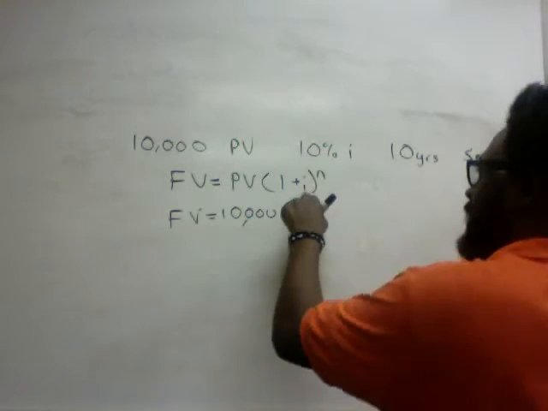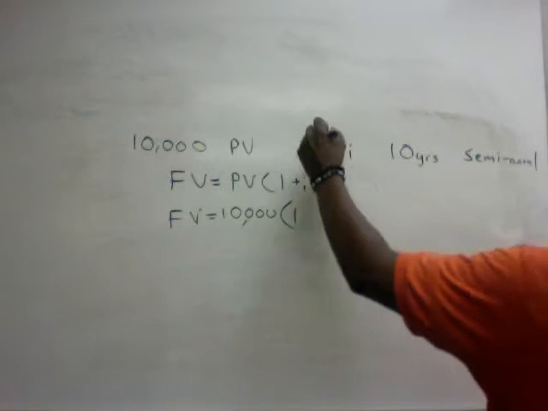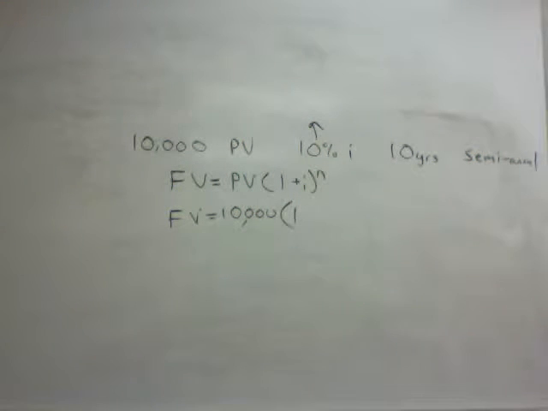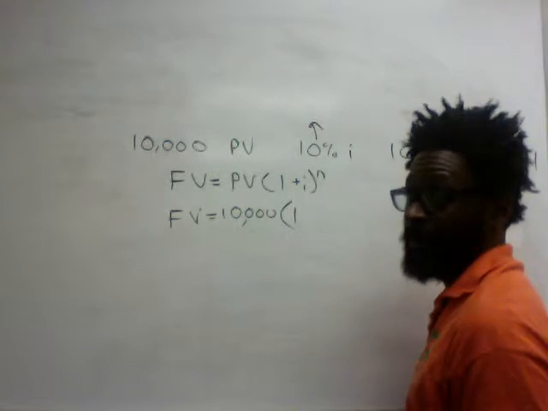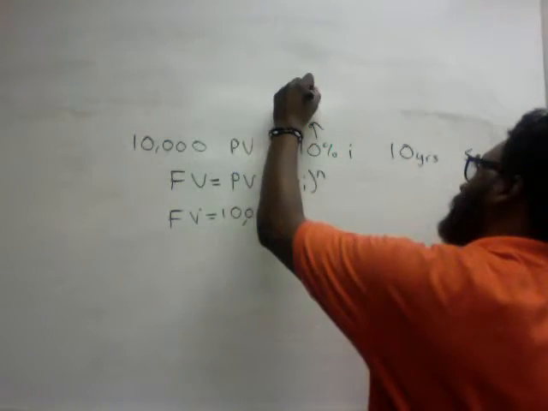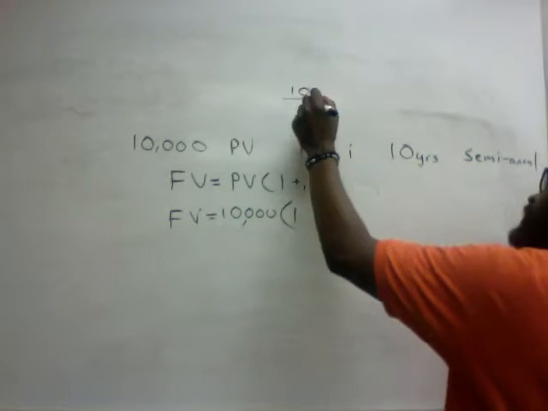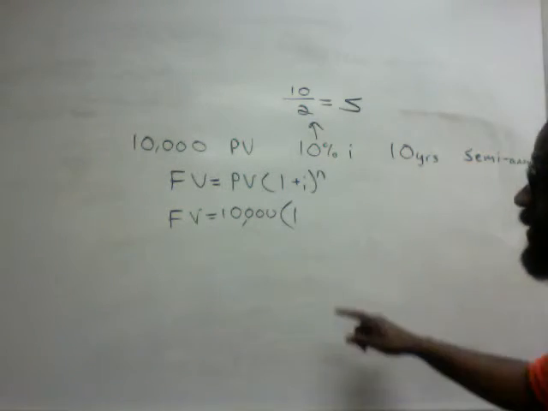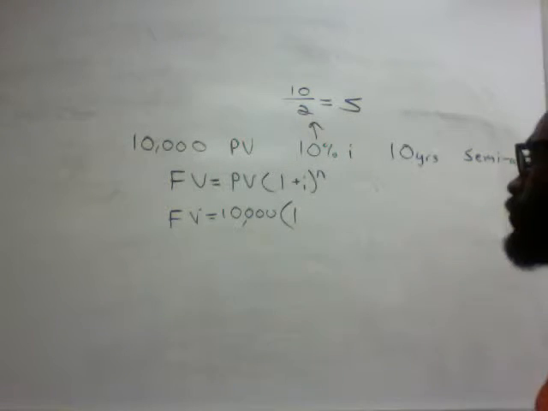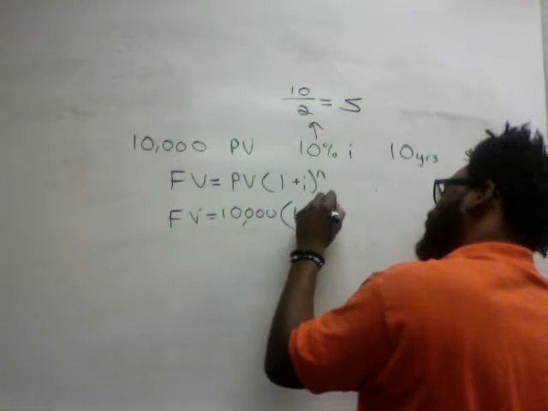But let's talk about that interest. That interest is 10%, but it's semi-annual. So how do we adjust it? The rule of thumb is we take 10% divided by the frequency. How frequent is semi-annual? Twice a year. So that gives us 5%.